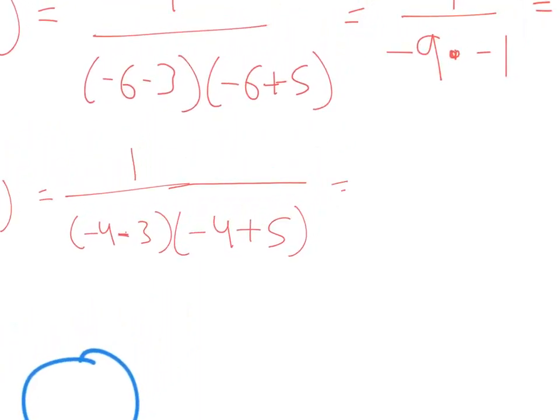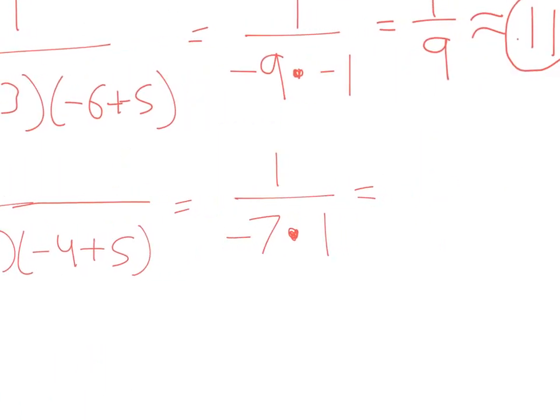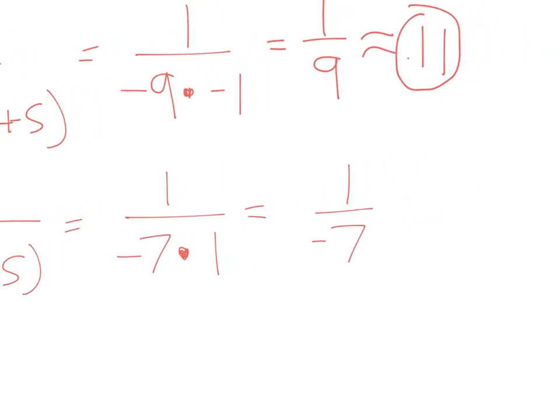And let's see, that's going to give us 1 over negative 7, since negative 4 minus 3 is negative 7, and negative 4 plus 5 is positive 1. So this is going to equal negative 1/7, which, again, we're going to approximate with the decimal here, is about negative 0.14.